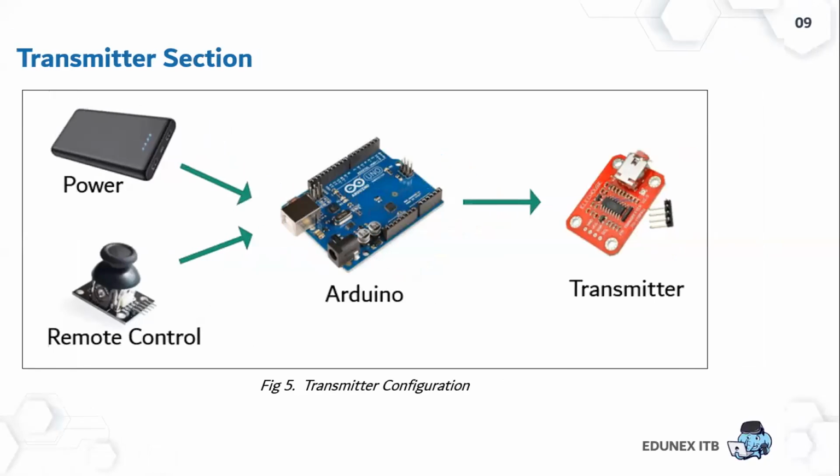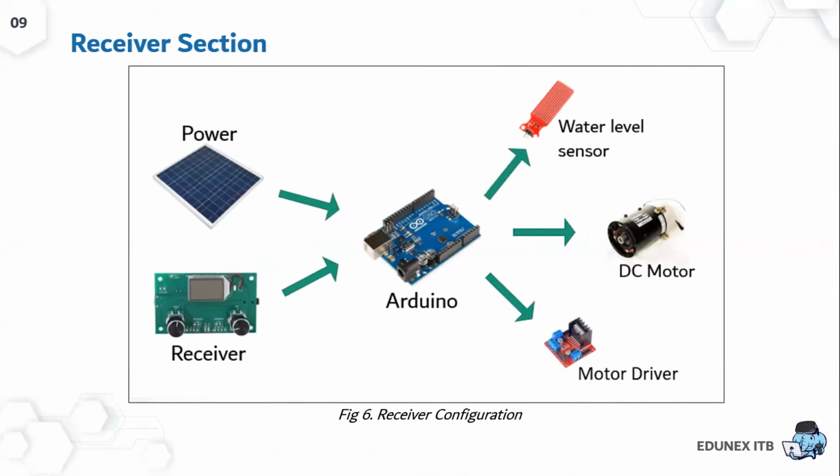And then the next section, we have the receiver section on the robot itself, which consists of the power supply, which is the solar panel and battery or accumulator. And then there is a radio module that will receive information and then send it to the Arduino, which we call the brain of the robot.